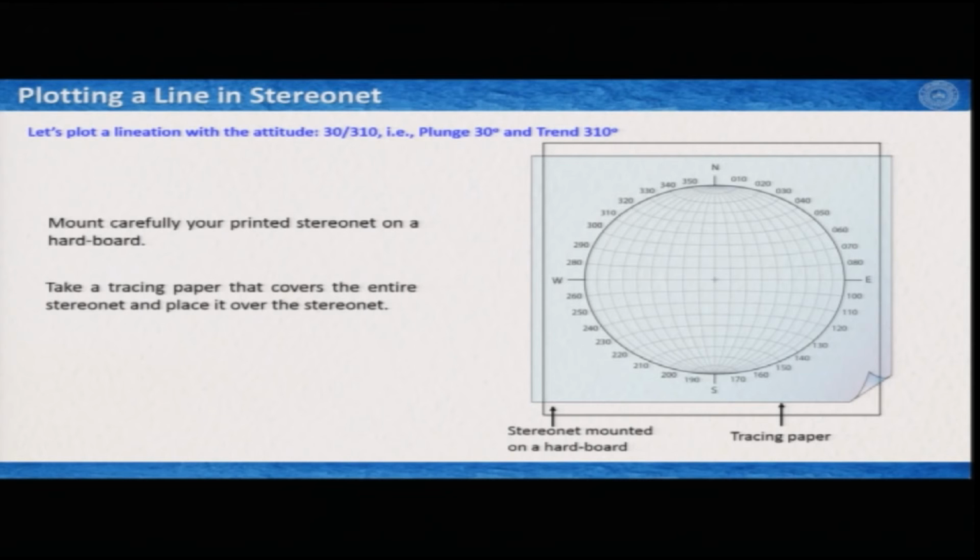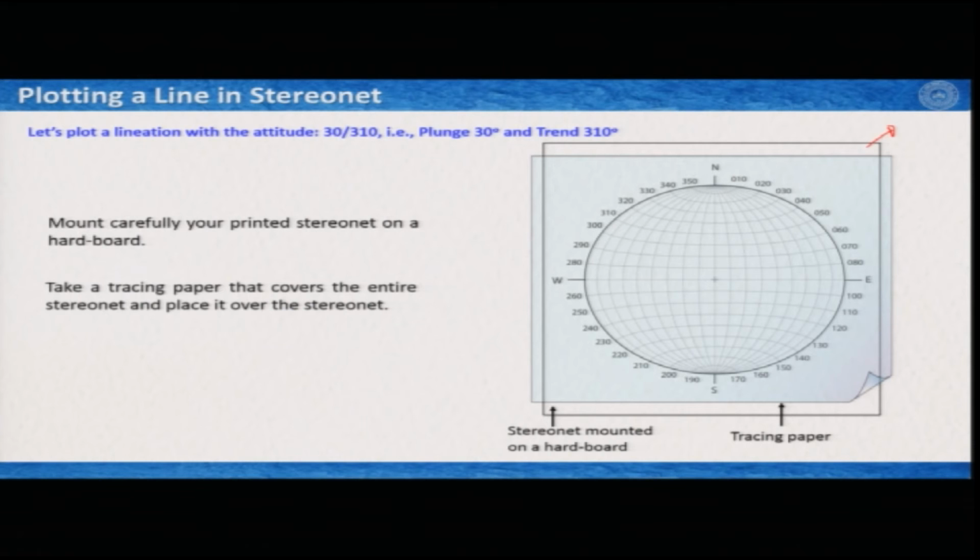Then you need a tracing paper to cover the stereonet entirely. In this illustration and the following illustrations, this white background is your stereonet and it will be referred to as the stereonet throughout, and this translucent bluish paper with a little folding on the southeast corner is your tracing paper.